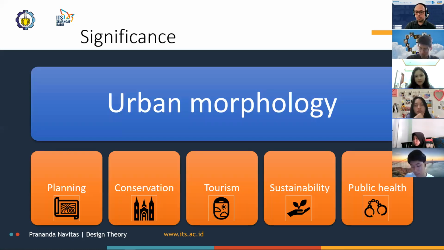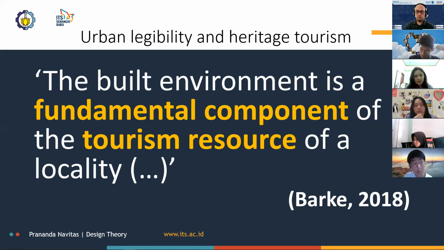And that has something to do with tourism too, especially heritage tourism. And here I write legibility. What's another word for legibility? Clarity, readability. So urban legibility and heritage tourism. The built environment is indeed a fundamental component of the tourism resource of a locality, especially in heritage tourism.